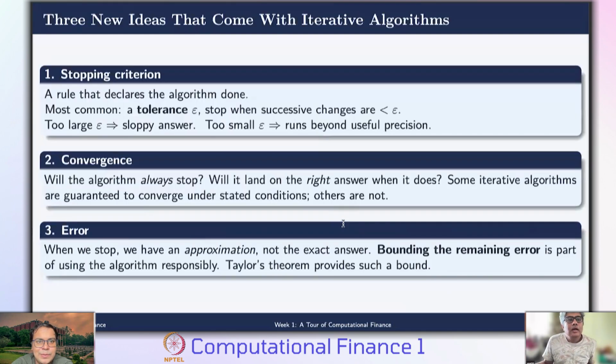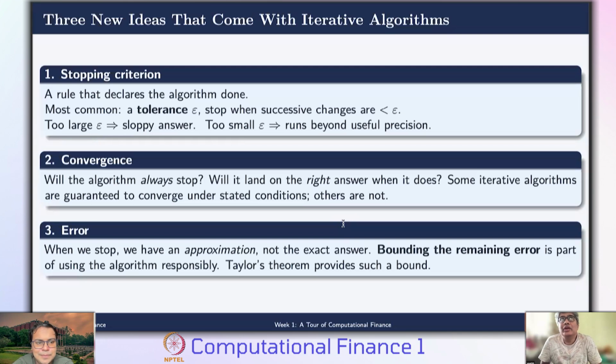So there are 3 new ideas that come with this iterative algorithm. One is the stopping criteria: when should we stop. Then convergence: will the algorithm always stop, or is there a possibility that it will never stop? And the error: when we stop, we have an approximation, and remember that it will never be exact.